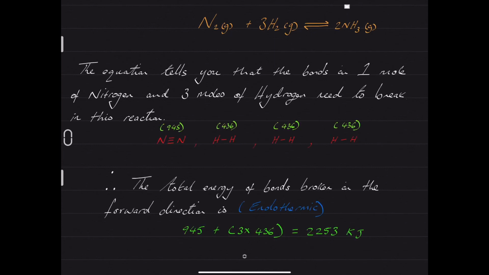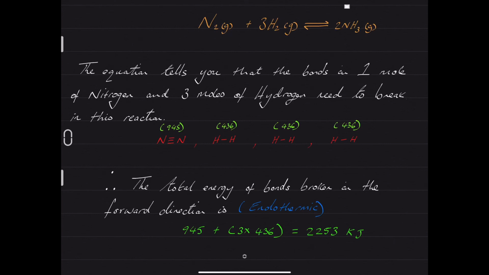Looking at this in terms of bonds, you can see that the bonds have been indicated in red. The nitrogen is a triple bond bonded with another nitrogen, and above it you see how much energy is required to break that bond: 945 kilojoules per mole.